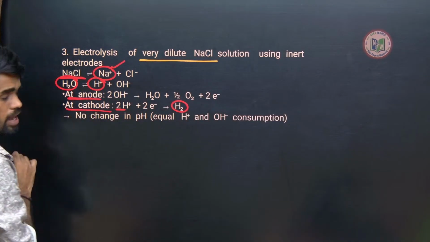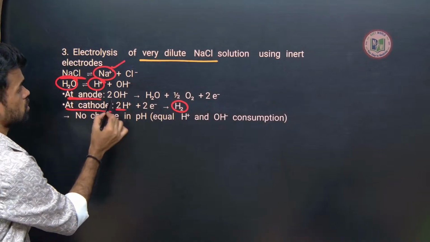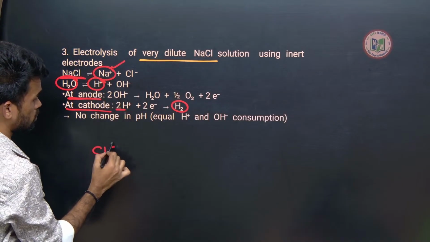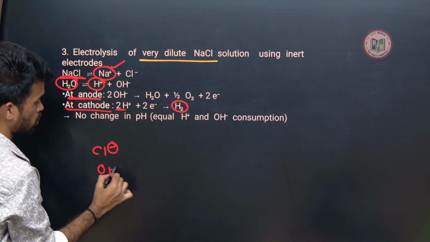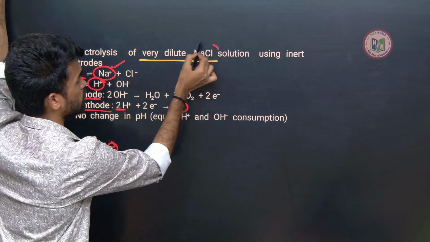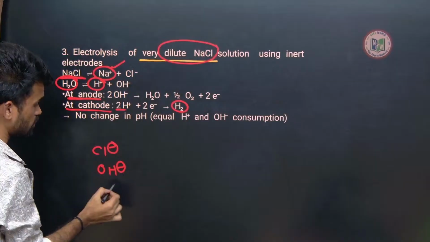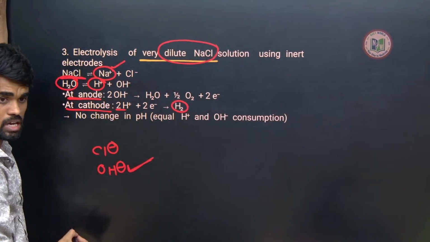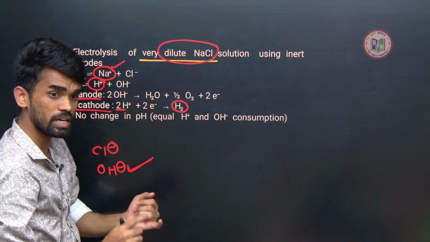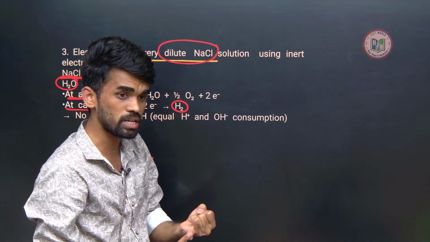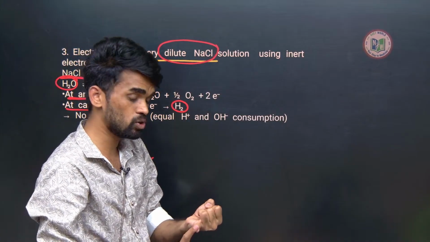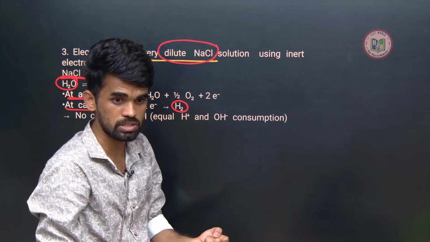What about the anode? What are the ions we have? Cl minus and OH minus. Since it is a very dilute case, not only the reduction potential value but also the concentration needs to be considered.